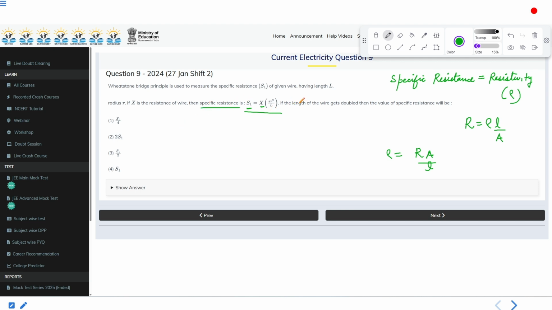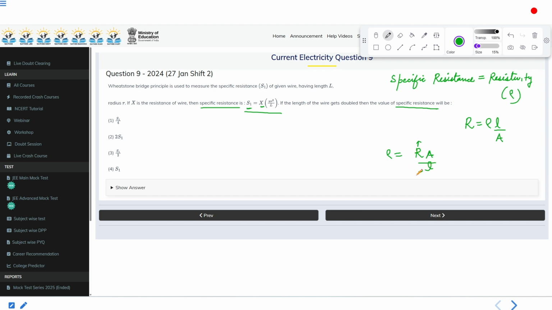If the length of the wire gets double, then the value of specific resistance will be. Now you may think that if we double this length, the specific resistance will reduce to half. But is it? No, because if we increase the length by a factor of 2, the resistance will also increase by a factor of 2.